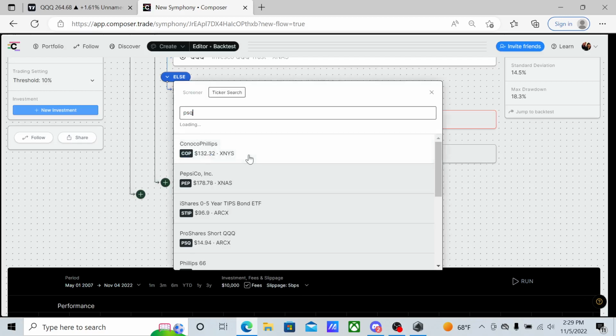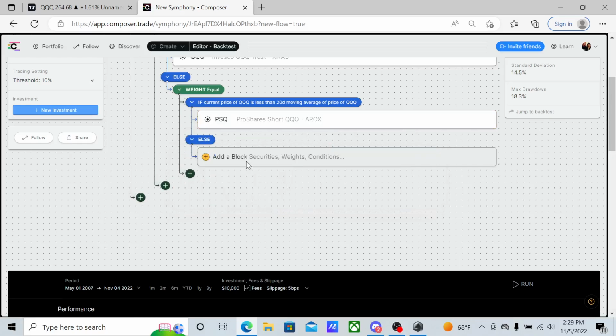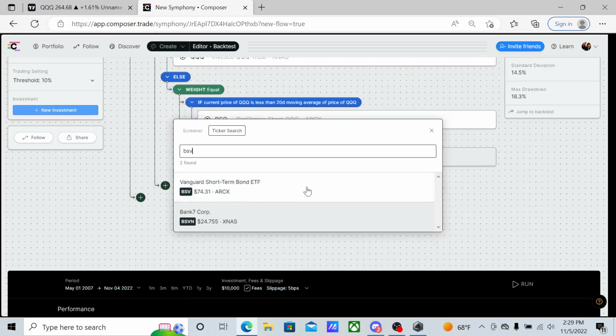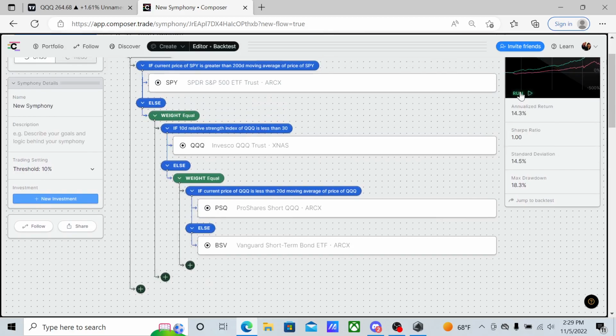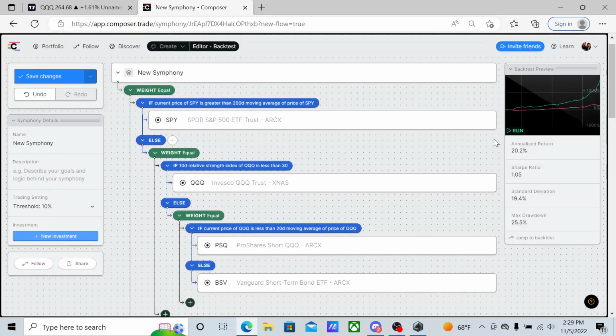You can go short. And then just go back to bonds if it is not. Okay, so 14.3 and 18. Now your drawdowns are probably going to increase because of the volatility. So you got a higher annual return, but you also have a higher drawdown now.